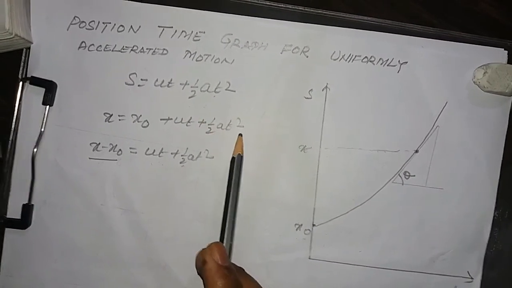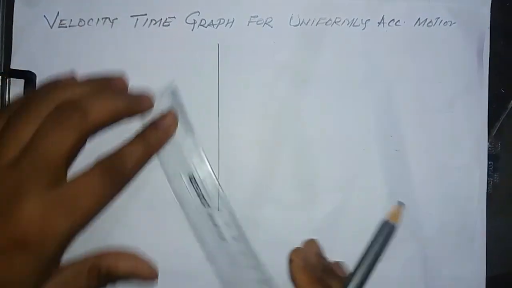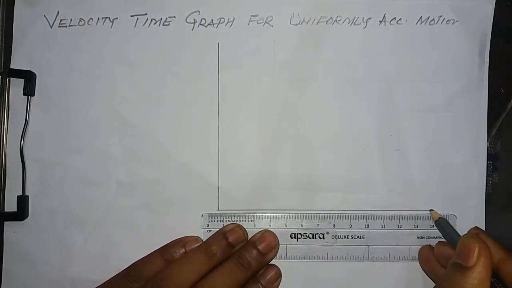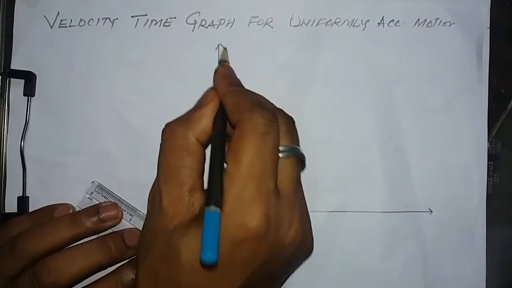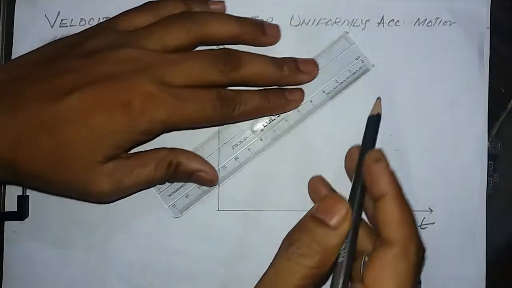Next, velocity time graph for uniformly accelerated motion. If a body is accelerating with constant acceleration a, then its velocity time graph will be like this one.